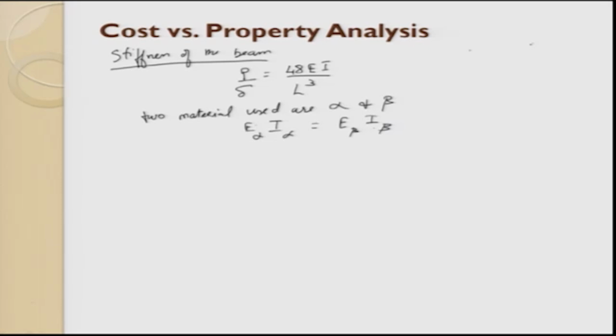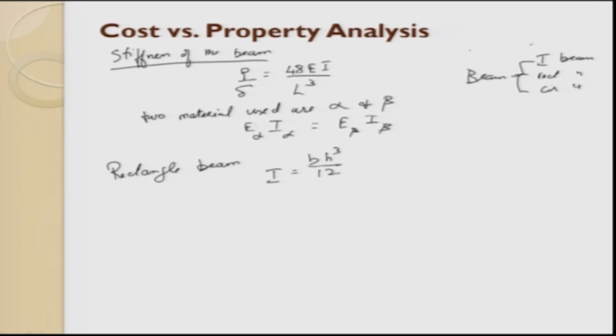The beam can be an I beam, it can be rectangular, it can be a circular beam. Depending upon this, you can try to change and find out the deflection. Just for your information, a rectangular beam has I nothing but BH cube by 12.